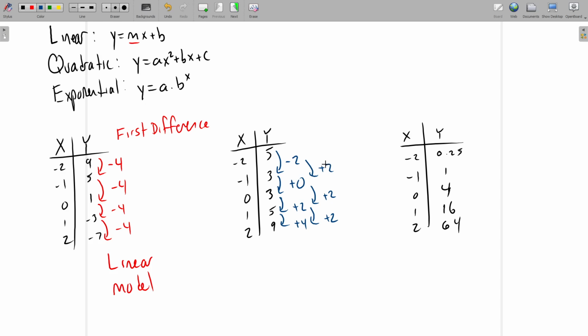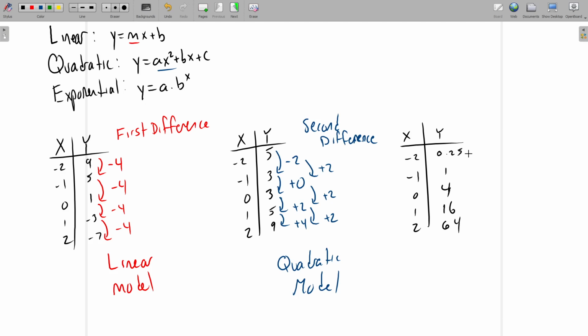So now that I've looked at the change of the change in y's and I see that this is the same number, this represents a second difference. A second difference is correlated to the ax squared in the quadratic. So this represents a quadratic model.